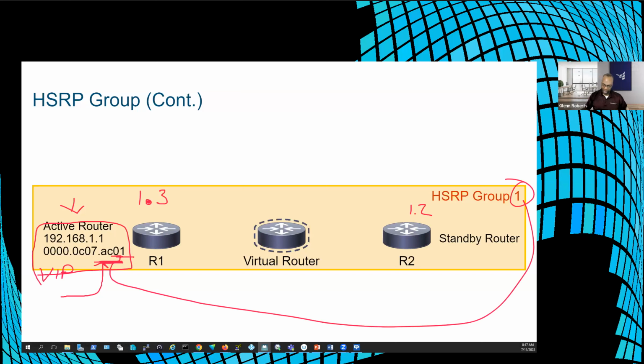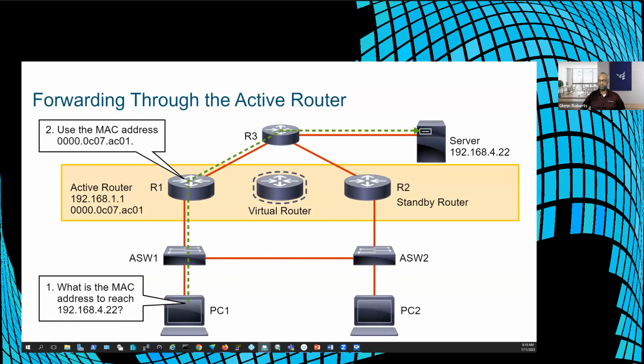Now, how does all of this work? Well, easy enough. As I mentioned to you in the very beginning, you will go in and you will configure the VIP. In this case, we're using 192.168.1.1 with AC01 as the last part of the MAC address for the group.